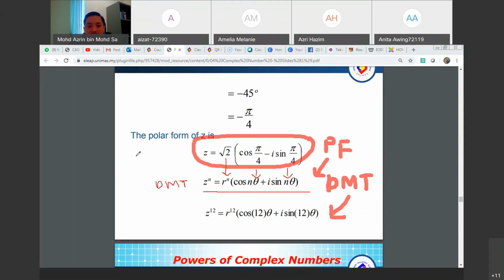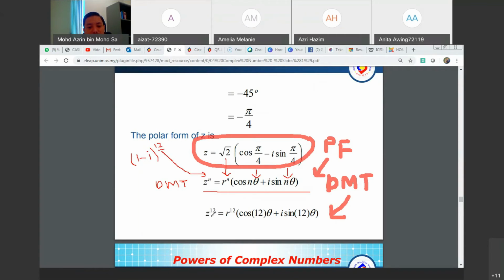N berapa? Kan tadi dia bagi tahu, express and evaluate in terms of 1 minus I power of 12. So 12 ni adalah n.